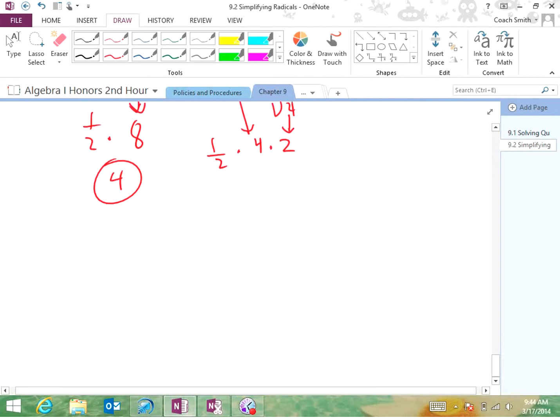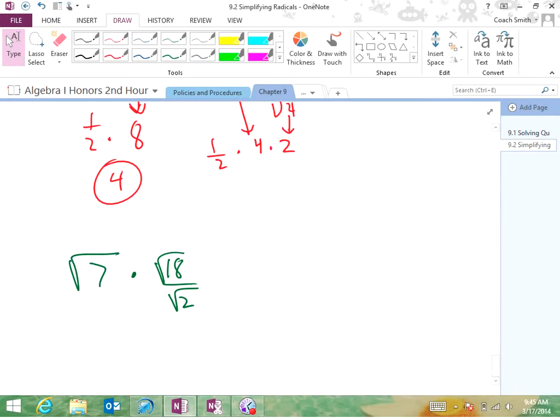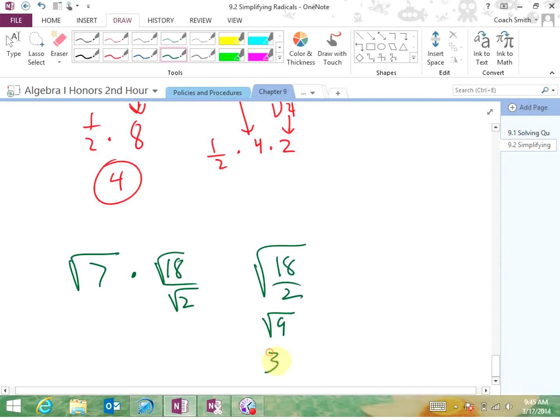Now, 46. 46 says the square root of 7 times the square root of 18 over the square root of 2. Okay, don't make this harder than it is. Very simple. That right there. 2 goes into 18 how many times? 9. So that's the square root of 9, which is 3.